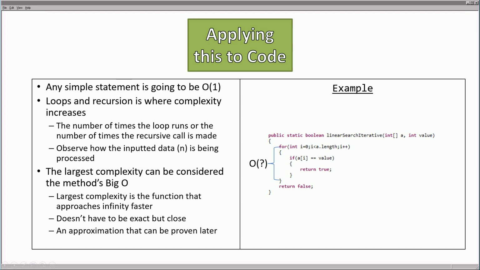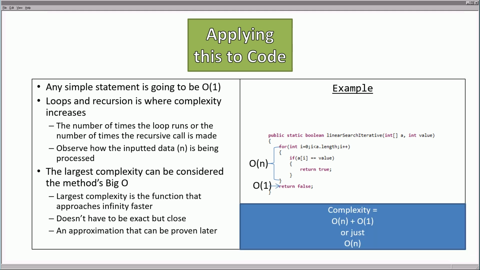Now, if we assume that the array size is n, we can sufficiently say this for loop is going to run n times in the worst case scenario. Now, we also have this constant value still remaining there. But the thing is, if we basically take the big O of this n and add it together with this constant value, we can just say it's big O of n.